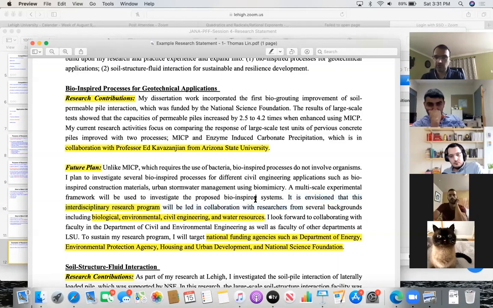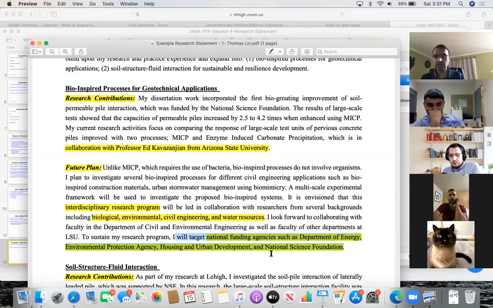That's basically an introduction to tell people this is something that I cannot do by myself. I need to collaborate with other people. And he specifically mentions, for example, here, people from biological, environmental, as well as civil engineering. So not only my own research, but I'm thinking of bigger ideas that I can collaborate with other people on. And if you take a look at the end there, where the funding is coming from, I will target, for example, the Department of Energy, National Science Foundation, Housing and Urban Development.